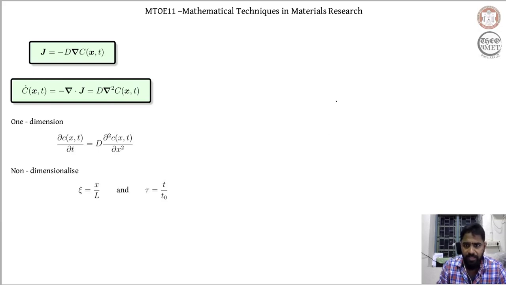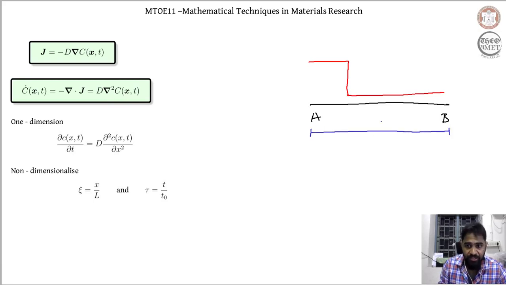If I assume that this is the line that I'm considering, AB, and along this line I want to consider how my concentration is changing, maybe it's originally like this, and with respect to time, how it evolves is what I'm considering. If I assume that the entire length of this line AB is L, which we call a characteristic length, then I can non-dimensionalize my individual units of length, that is x1, x2, these individual units of length that also describe my positions.